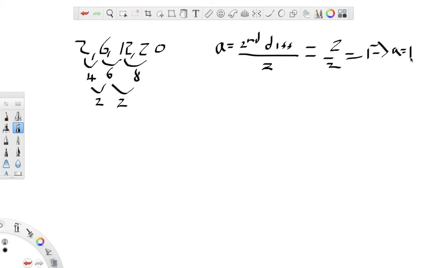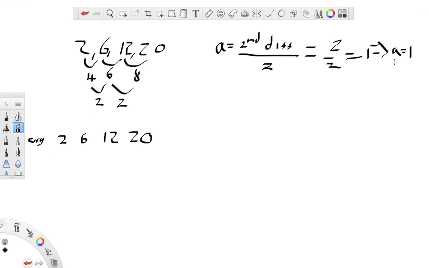Okay, so then we set up our little table. So we have the original sequence on top. So that would be 2, 6, 12 and 20. So that's our original sequence. And then, so let's put original.